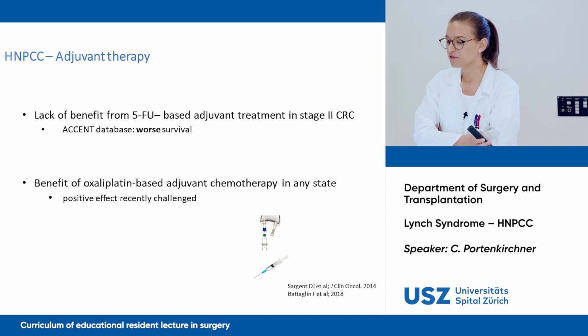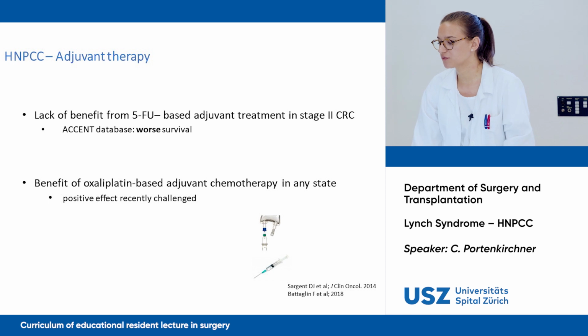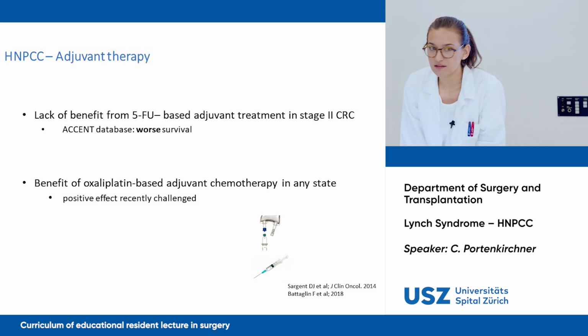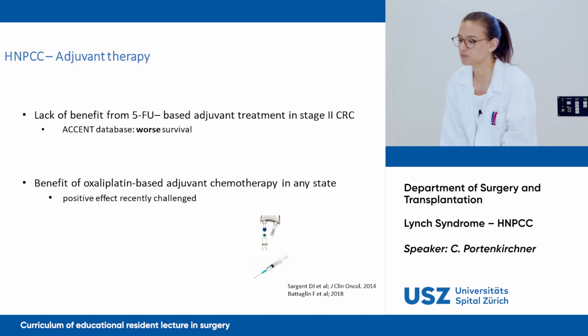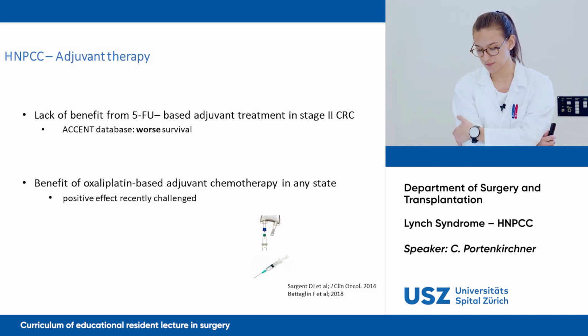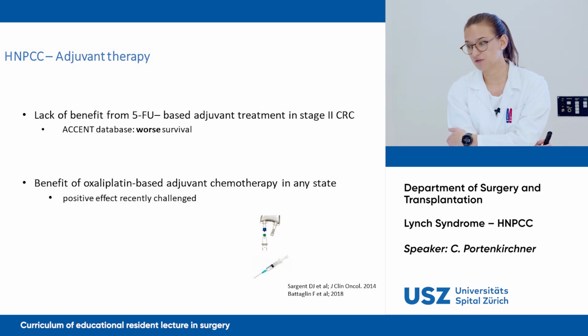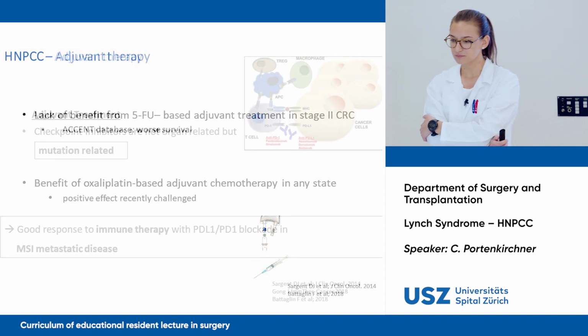There is a benefit of oxaliplatin-based adjuvant chemotherapy in any status, but the newest research showed that this actually has to be challenged. So we don't have a treatment guideline that does recommend adjuvant chemotherapy here.